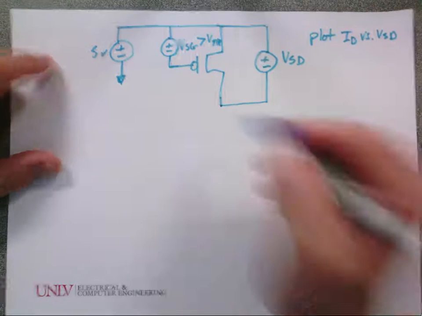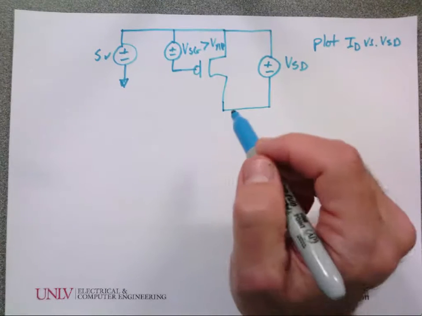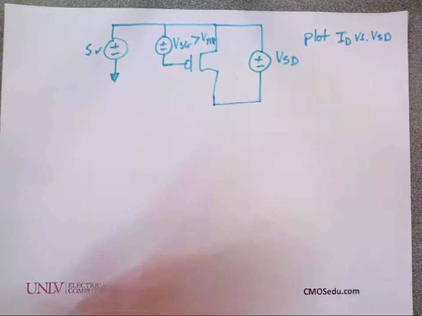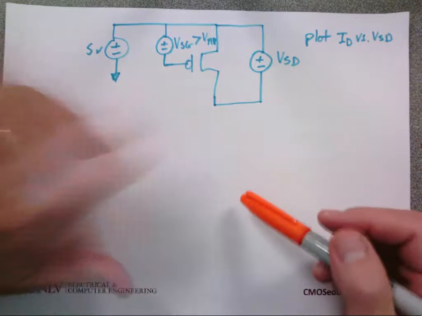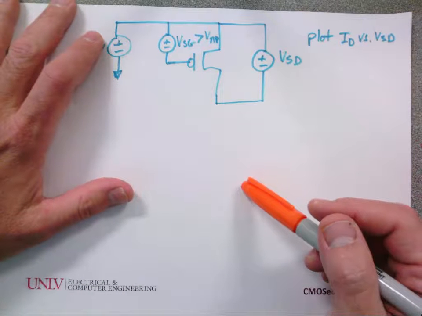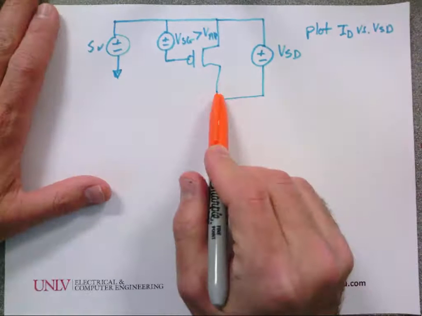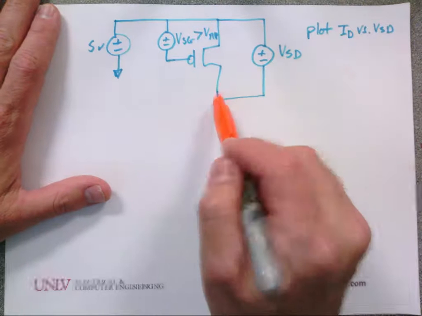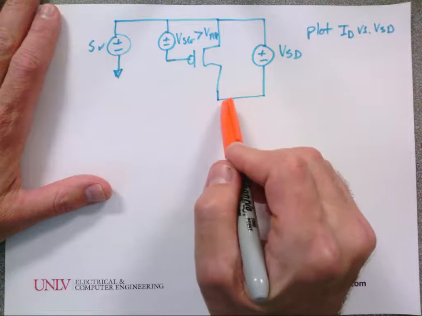Wait, do I need a ground here? Let's talk about that in a moment. The answer is no. Let's plot VSD. What does the plot look like? If VSD is 0, what is this potential? 5 volts.